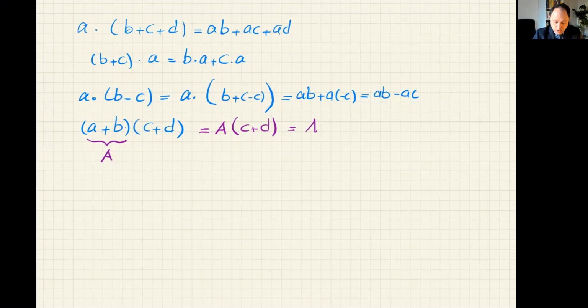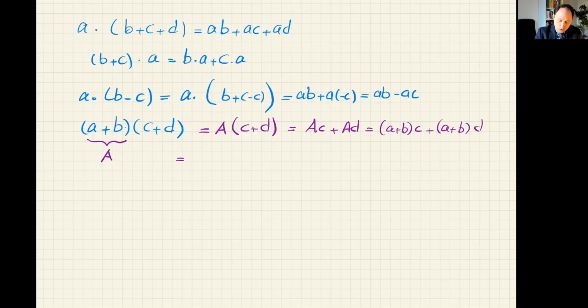It becomes A times C plus A times D. So I used distribution law one time here. I distributed capital A inside this pair of brackets. But now A was something that I bring in because I want to use this. So let me replace this name back to this. So instead of capital A, I can write a plus b multiplied by c plus a plus b multiplied by d.